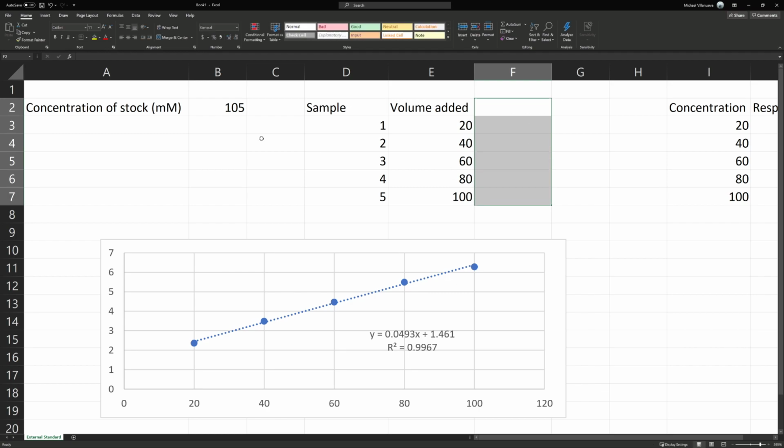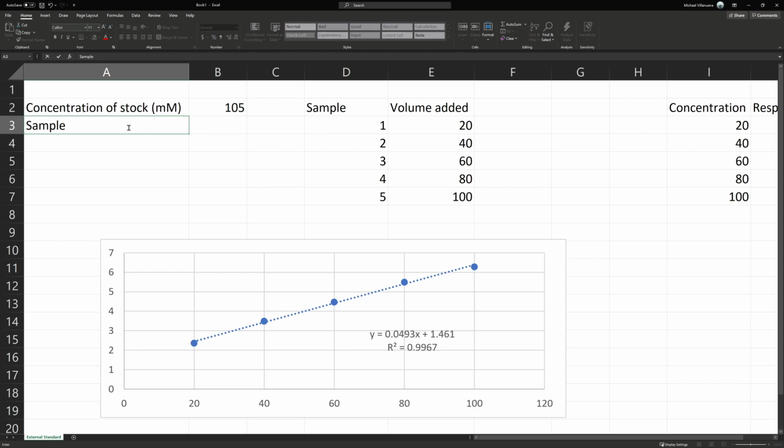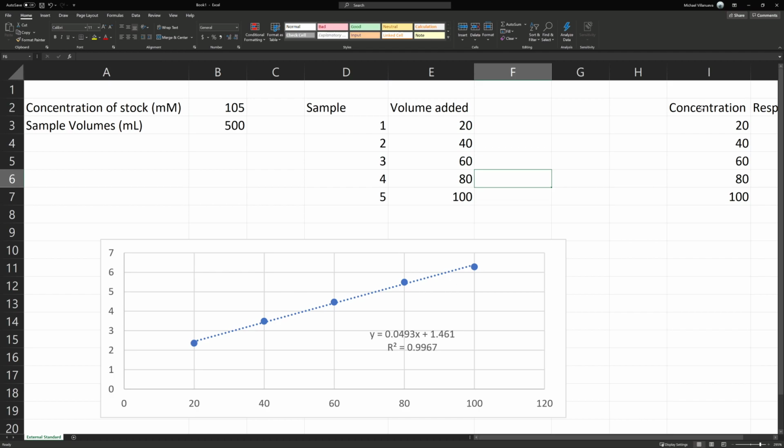500 mL. We need to figure out the concentration now.